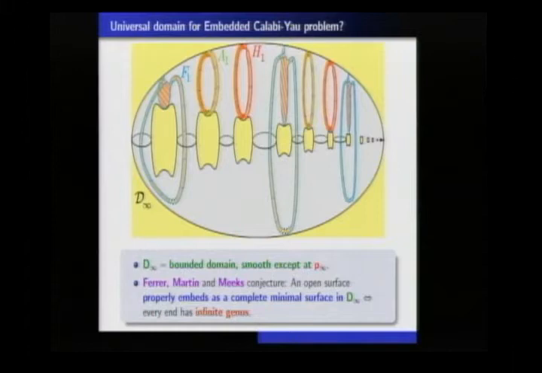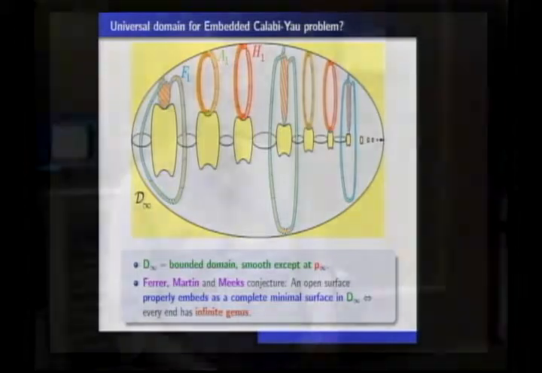The problem is, what? The solid domain bounded by this, the solid region. See this sort of bluish, grayish region? That is bounded by this infinite genus surface. This is supposed to be a genus g, genus 1, genus 2, genus 3, an infinite genus surface in R3. It's not smooth at one point. So it's smooth except at one point. It's a solid region.